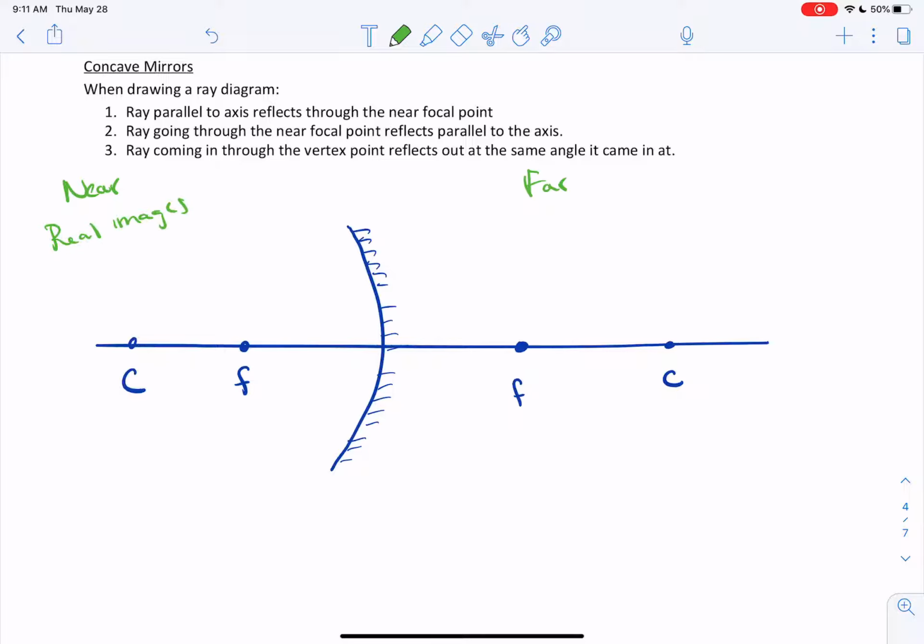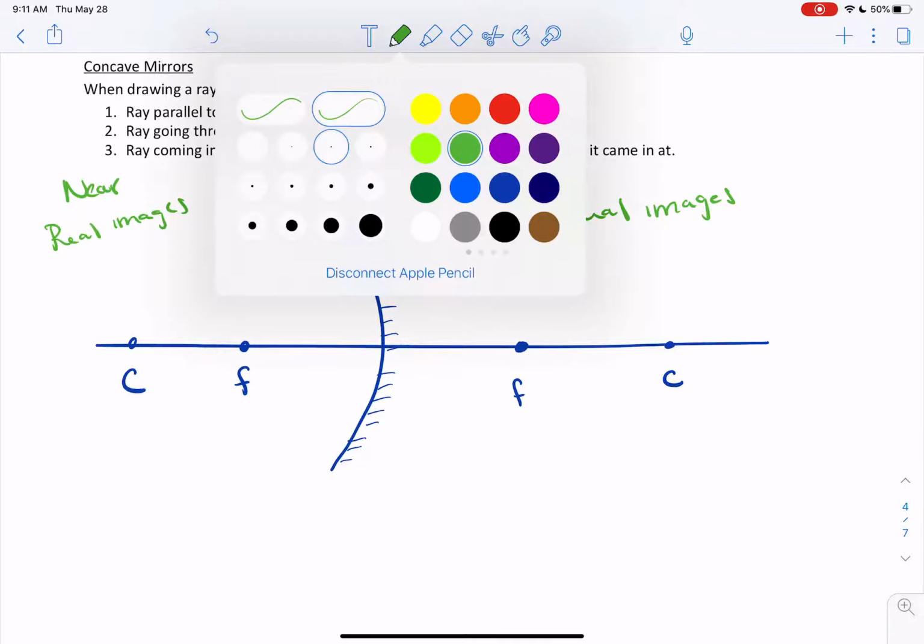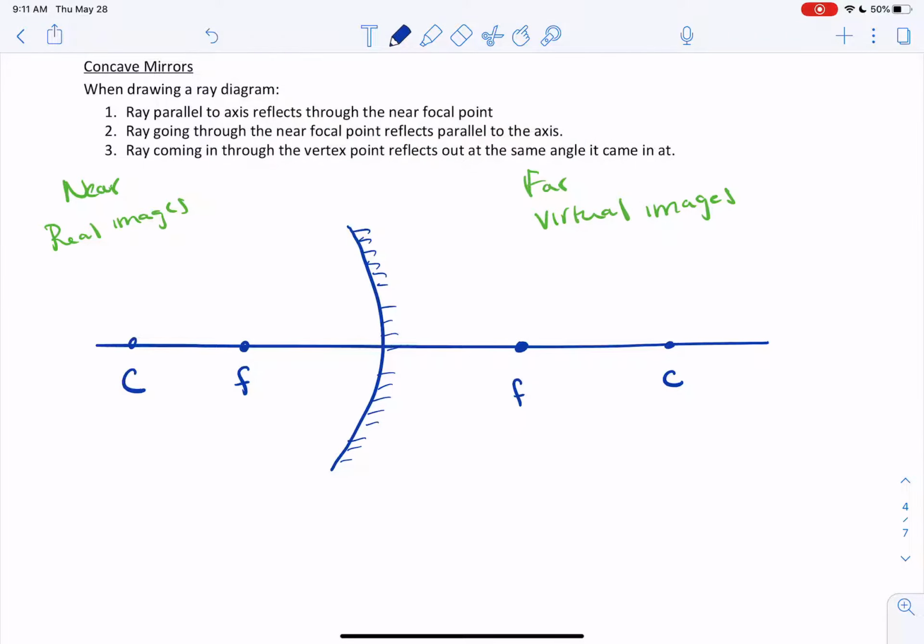This is like a projection, okay, like you could use on a projector. The far side produces virtual images, just like you saw in the plane mirror. Okay, all right. So now you have your object. Let's say this here is our object. I usually represent them by an arrow, just because they're easier to draw than a whole object.